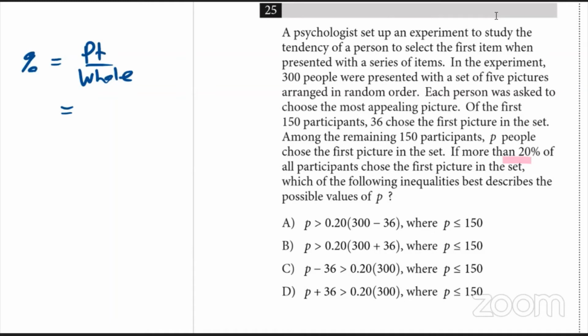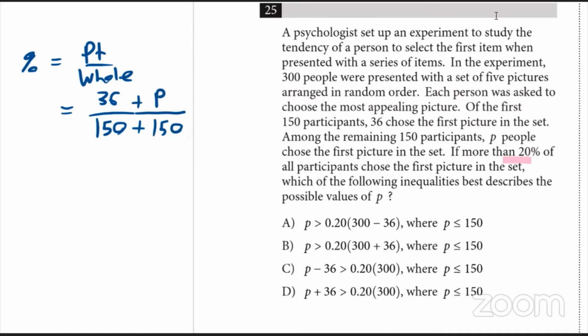So the part that we've been talking about for the first 150, 36 chose the first picture. But for the second 150, there were P that chose the first picture.